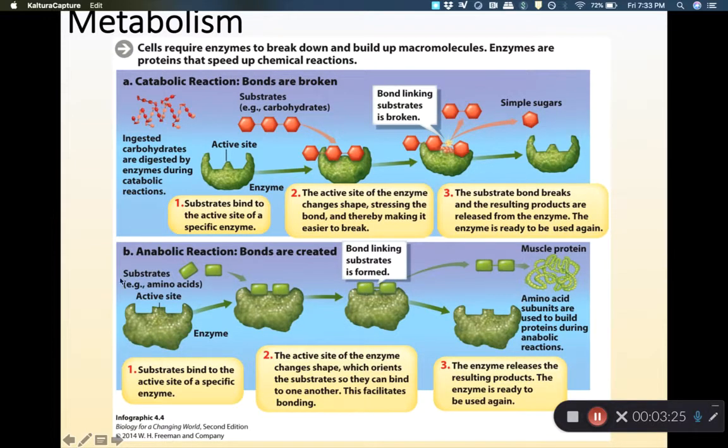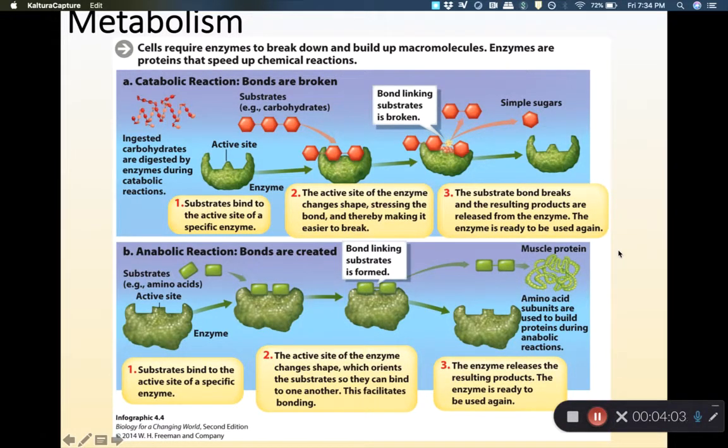Now, enzymes can also assist in anabolic reactions. So, anabolic reactions, again, where we're creating bonds. So, for example, when we have these individual amino acids, they can again bind to these active sites of the protein enzyme, and that allows for a bond to be formed between these substrates. And then essentially the enzyme is assisting in creating these bonds between the amino acids that are then being used to create this larger muscle protein.